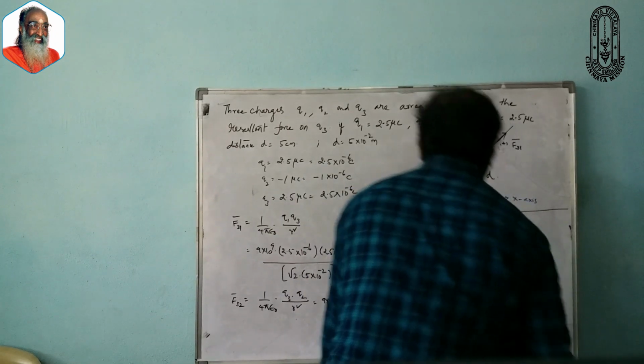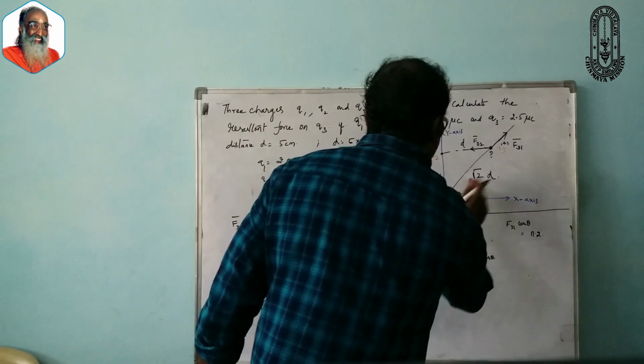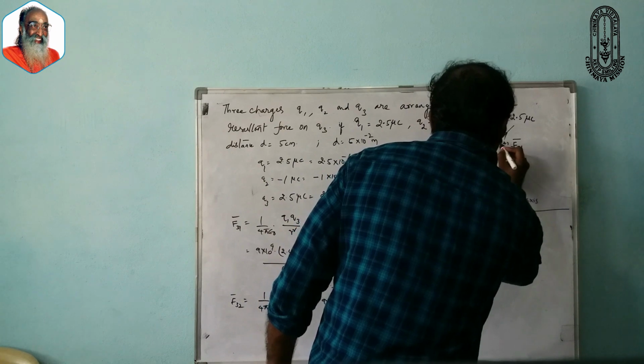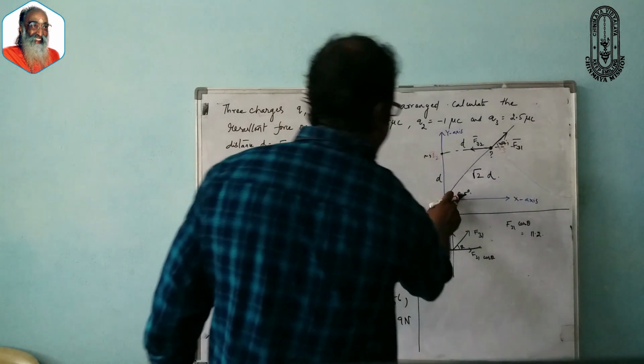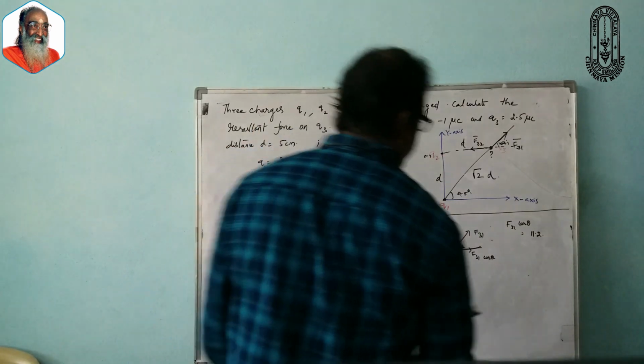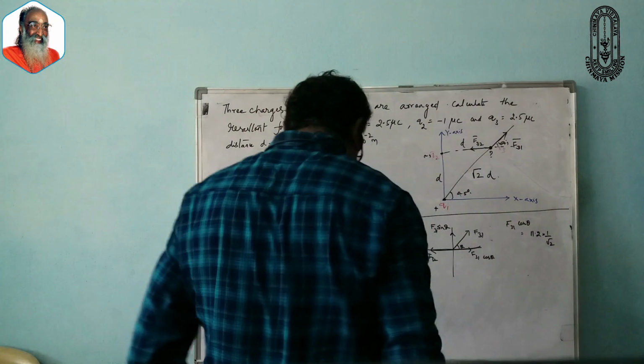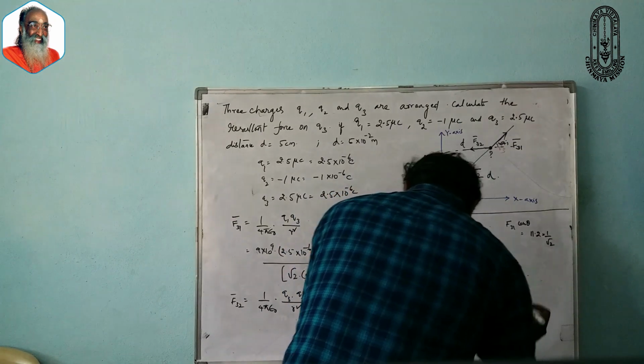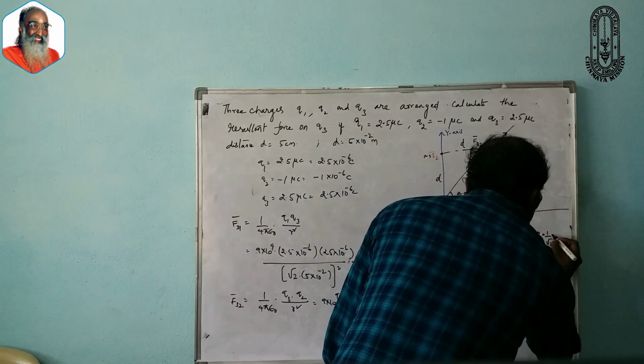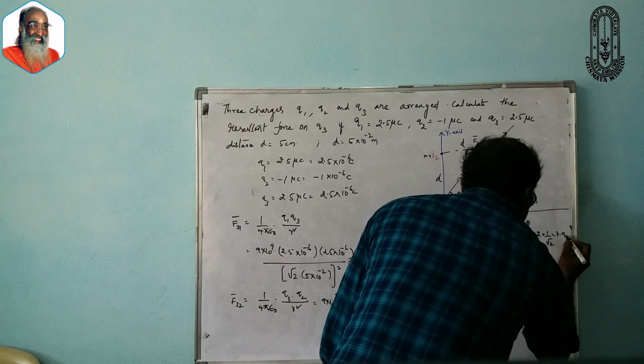What is theta here? If this is 45, this also will be 45. So what is cos 45? 1 by root 2. So 11.2 into 1 by root 2 is 7.9 Newton.